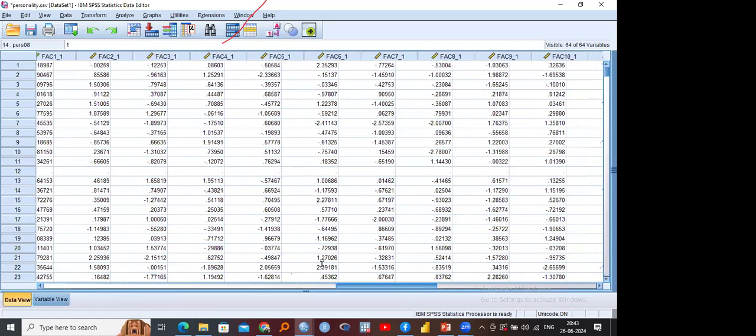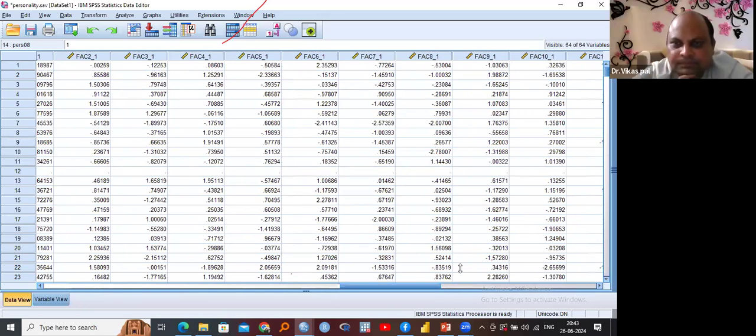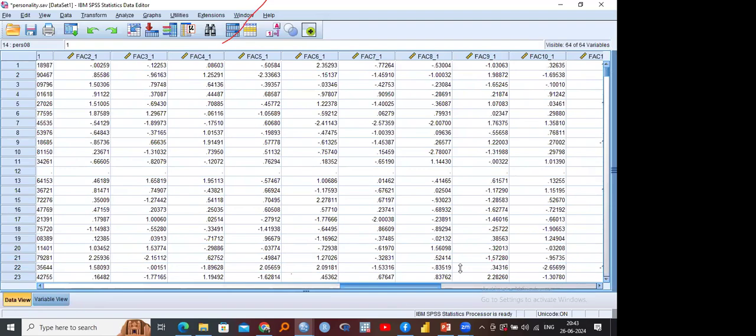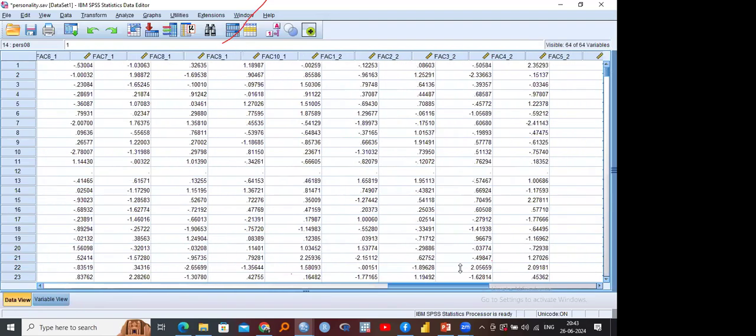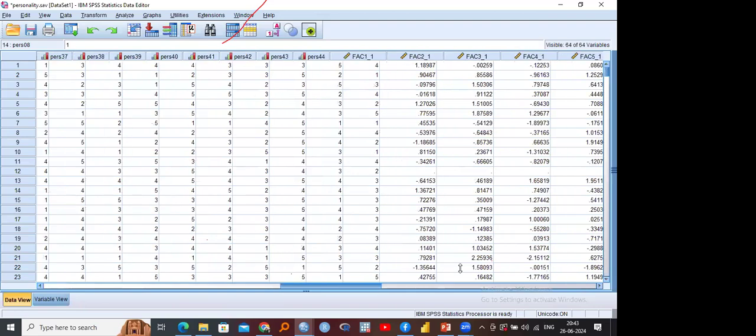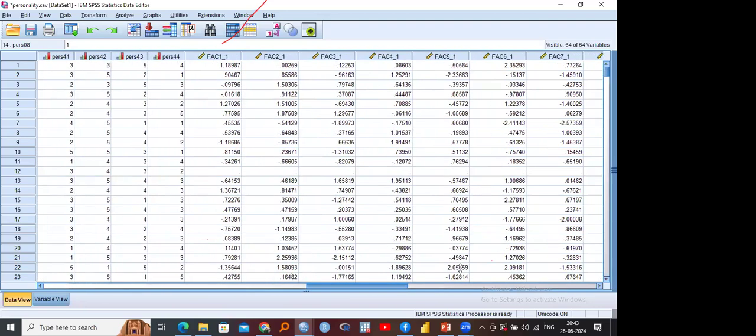Like this, it has created 10 different variables. Since I had run it twice, हमने 2 बार रन किया था, तो मेरे में 20 बना दिए हैं. But when you run it once, you will see it has created 10 different factors.